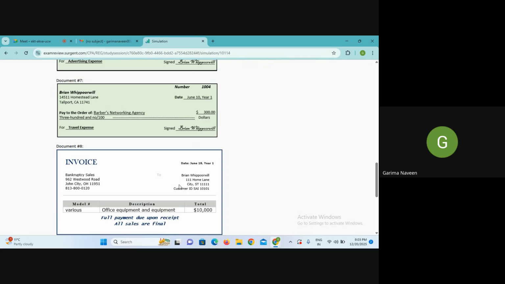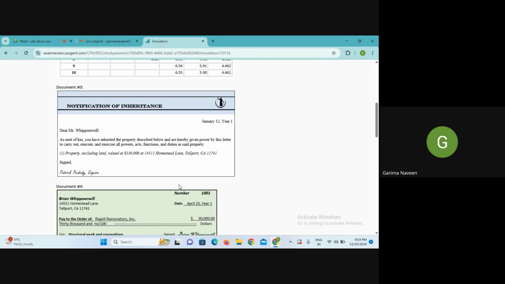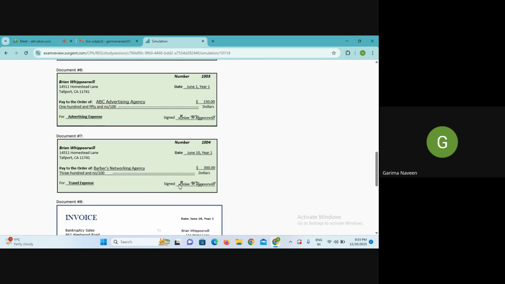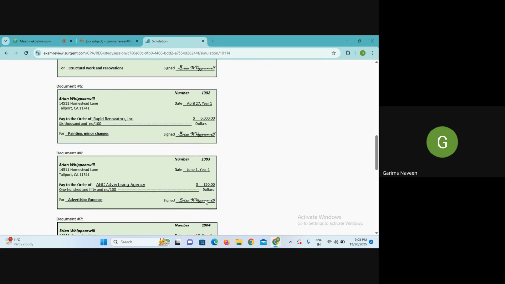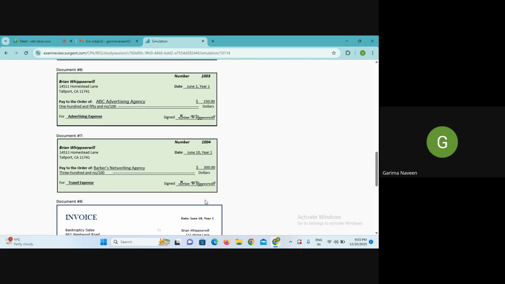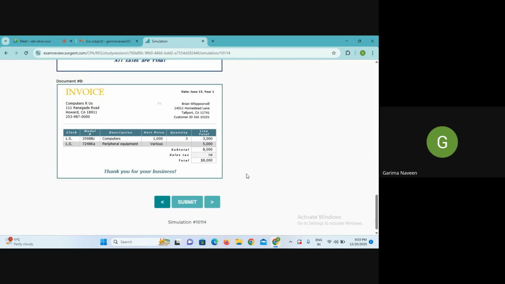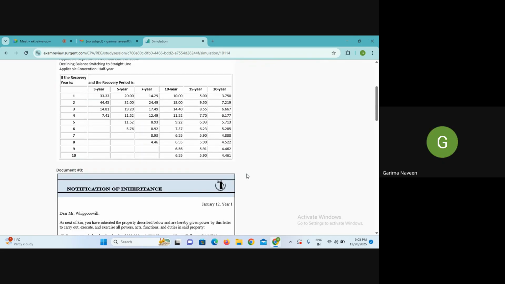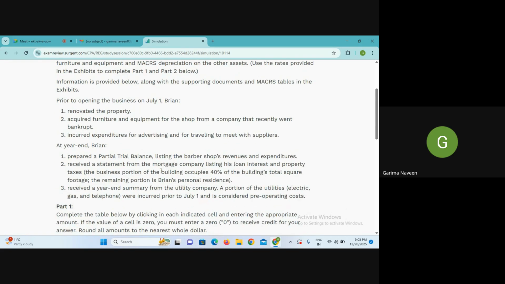Okay, so in repair and maintenance, nothing is given. Travel expenses. Are you finding anything regarding repair and maintenance? Okay, so here, this is one for equipment and another one is also for equipment, I guess. No, ma'am. Okay, so read it from there. Anything related to repair and maintenance.